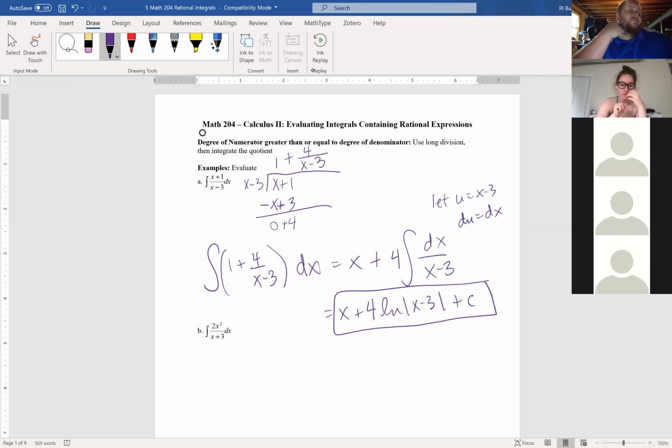So real quick, I did this long division and I could see a couple faces looking at me going, I don't really remember this stuff. This looks weird. So just out of S and G's, if I take and try to put these two things back together, I would need a common denominator. To do that, I would multiply the first term by x minus 3 over x minus 3.